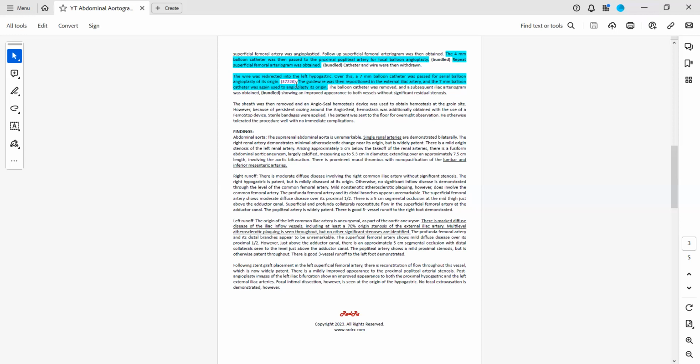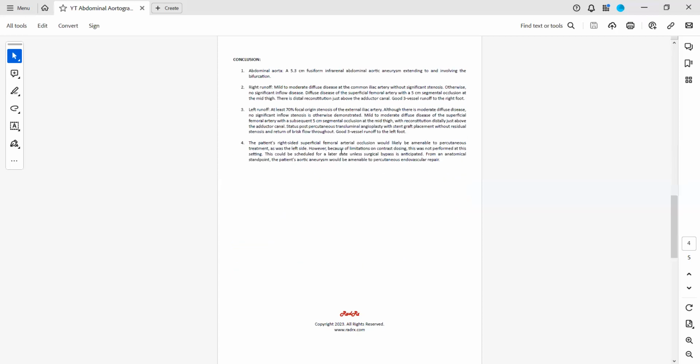And then for the extremity imaging, we see that we have detailed findings for the right extremity, also for the left extremity. So that would support code 75716. And then remember, again, that pelvic arteriogram, the non-selective imaging that was done there, gets bundled into that 75716 for those codes.